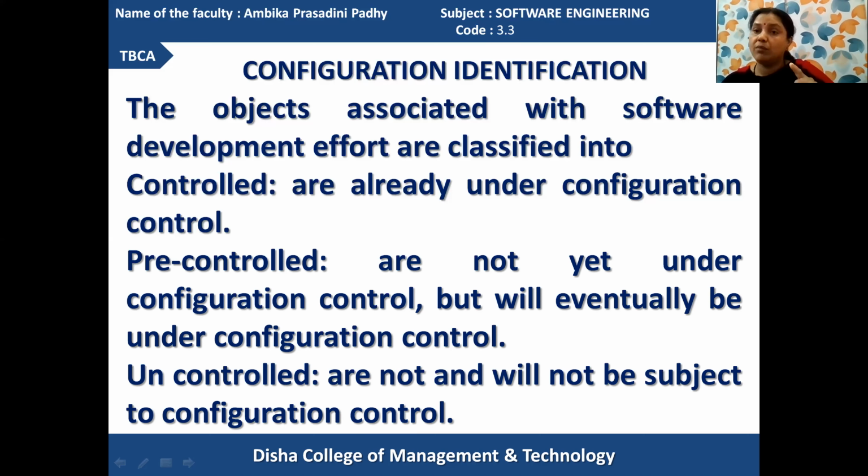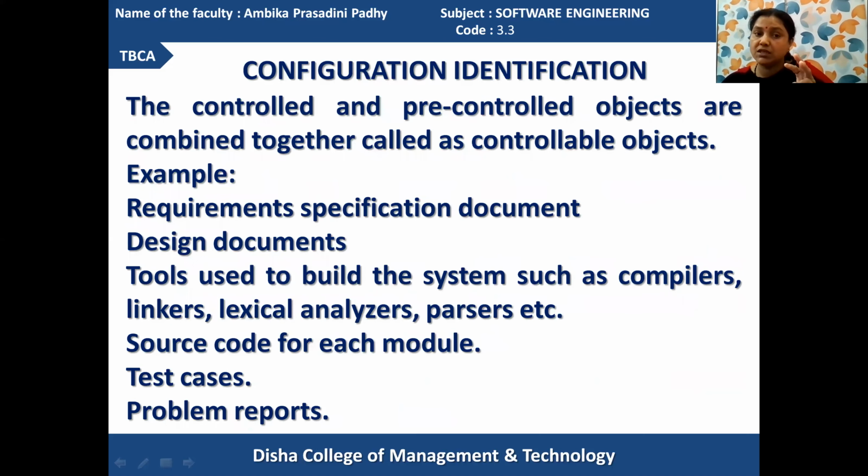If the controllable object is either controlled or pre-controlled, then it can come under the configuration control activities. Otherwise not. So what are those controllable objects? We have already discussed the controllable objects, like preparing the requirement specification document, preparing design documents, identifying the tools like implementation of your compilers, linkers, lexical analyzers, parsers, everything. We can perform the configuration control activities on that.